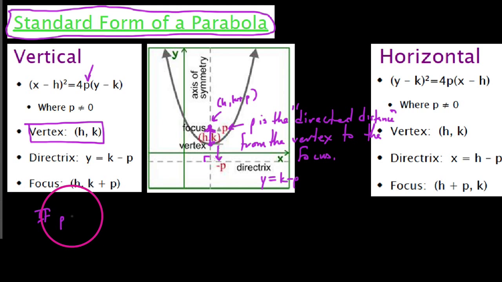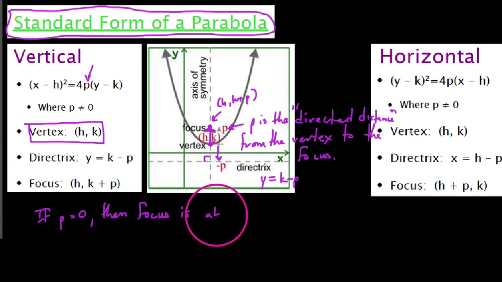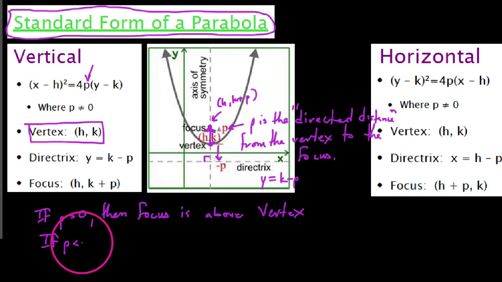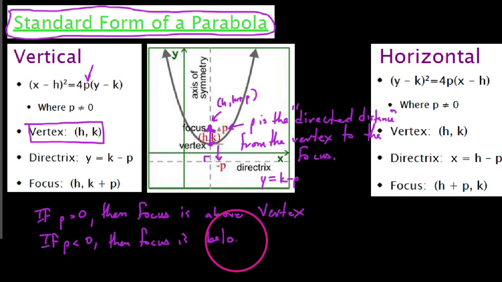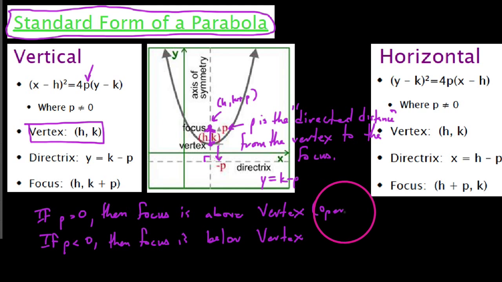If p is greater than 0, then the focus is above the vertex. So in other words, if p is a positive 2, we'll go 2 units above the vertex. If p is negative, however, then the focus is below the vertex. Another way to look at this is it opens up or opens down depending upon the value of p.